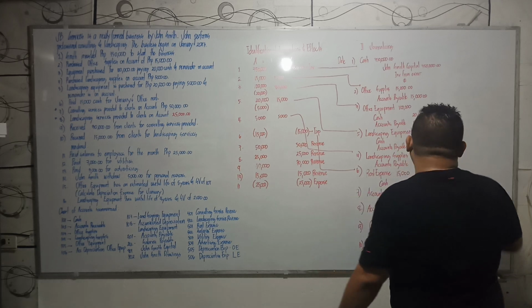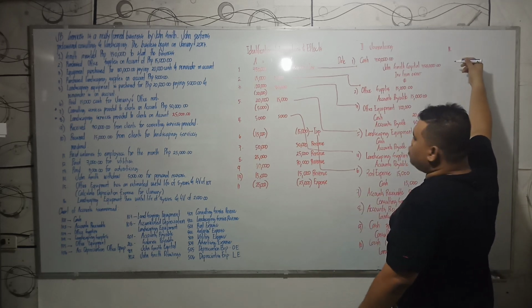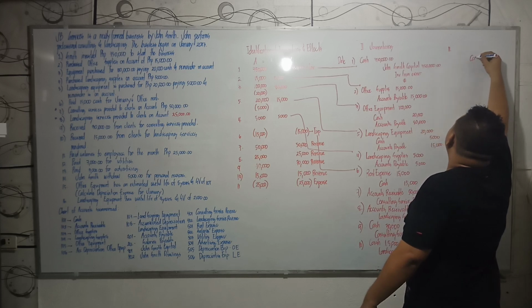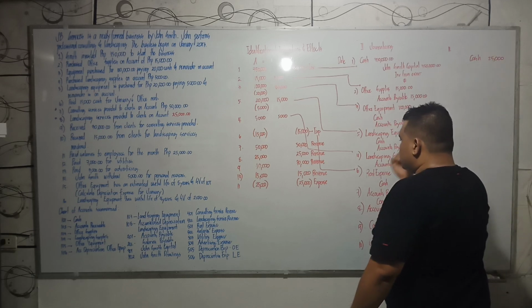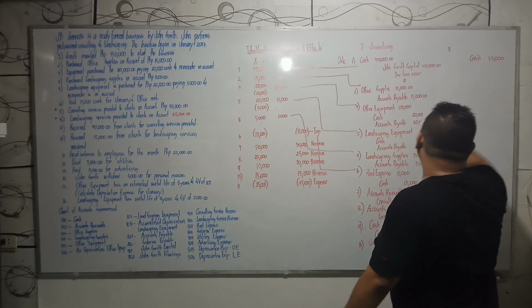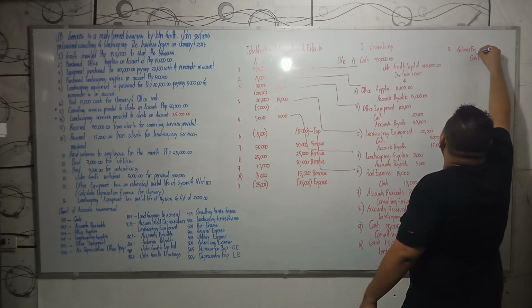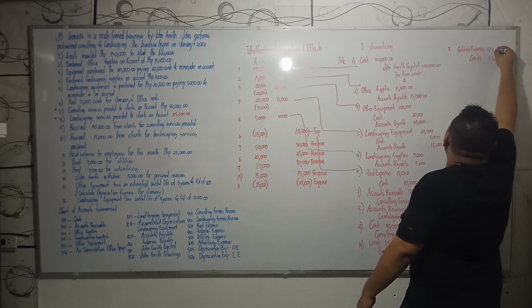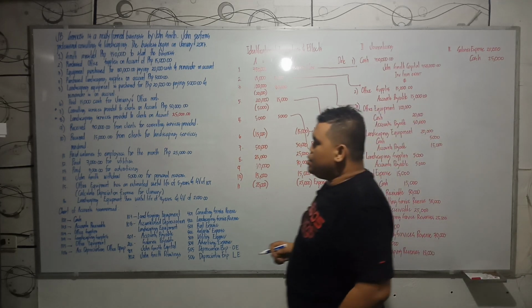So let's make it here. Number 11. So, of course, you have credit cash because you have paid your employees. And of course, the expense will be the salaries expense. $25,000.